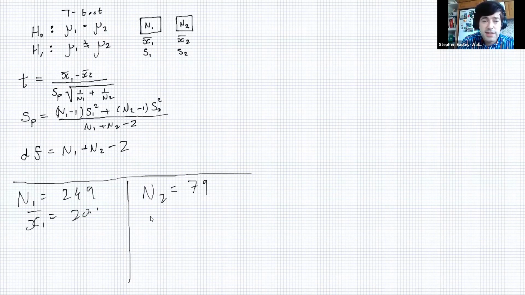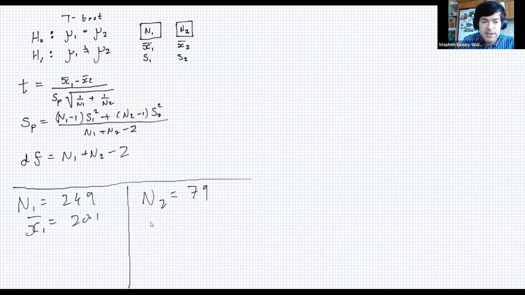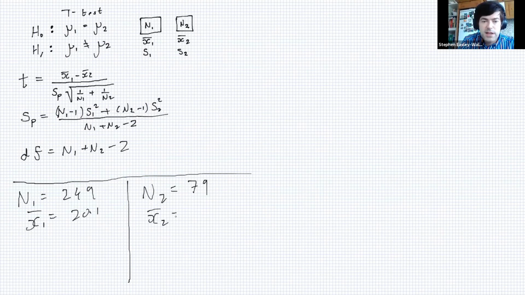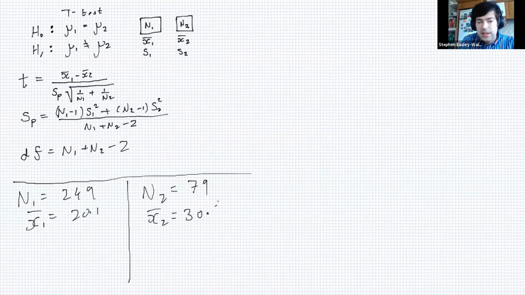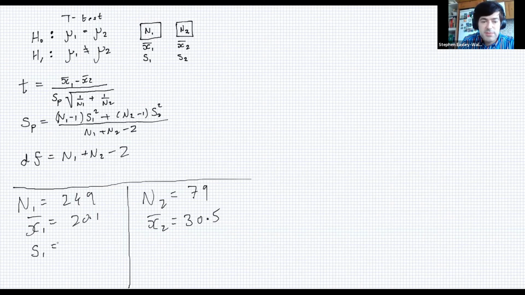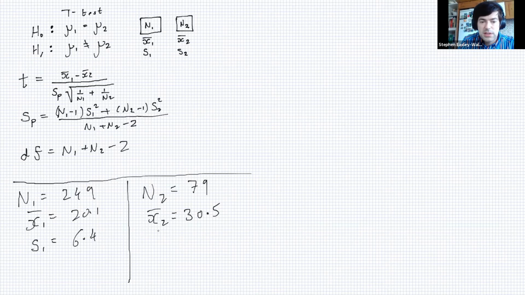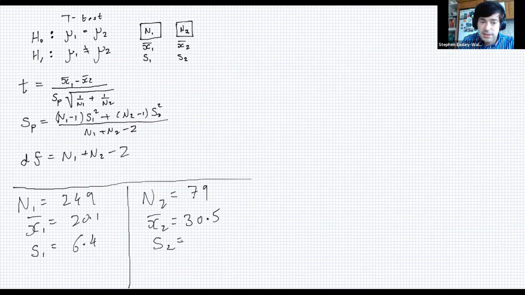And then in the second group, we'll say the average is, I think we have here, 30.5. Now, it looks like they're very different, but we don't really know if they are because we haven't said anything about the standard deviation. So for the first group, it's 6.4. And then for the second group, we'll say it is 6.1.